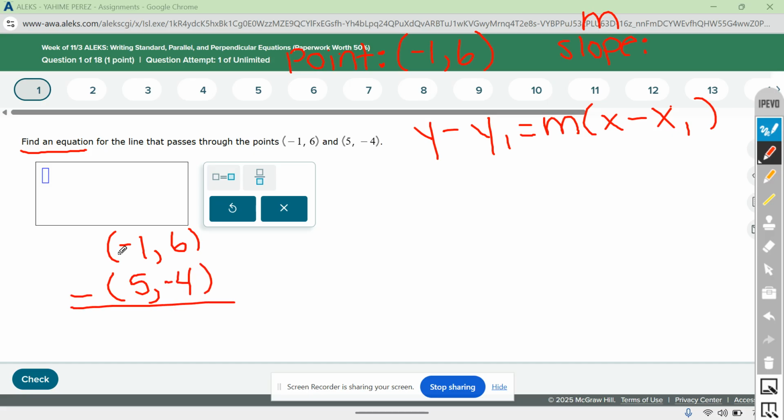So I'm going to subtract -1 minus 5, that'll be -6, and 6 minus -4 is 10, and slope is the subtraction of the y, so that'll be 10 on top of the subtraction of the x's, which is -6. And if I can simplify, I should simplify.